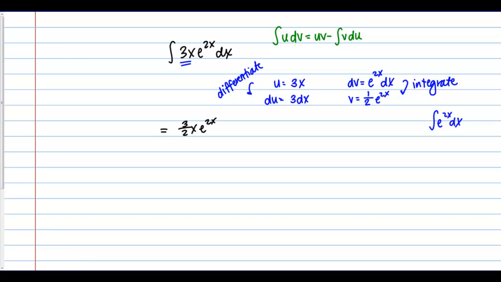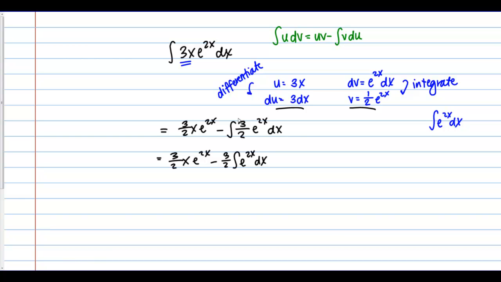And then the next part is minus the integral of v times du. So in my case, that looks like it should be 3/2 e to the 2x dx. And I'm going to rewrite this just slightly by bringing out this factor of 3/2 in front of my integral. So I have 3/2 times the integral of e to the 2x dx.